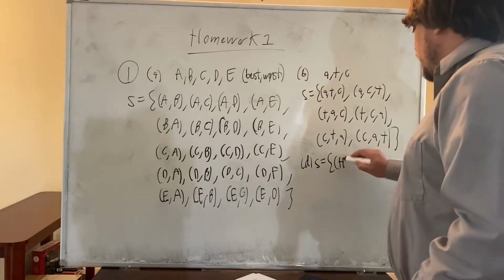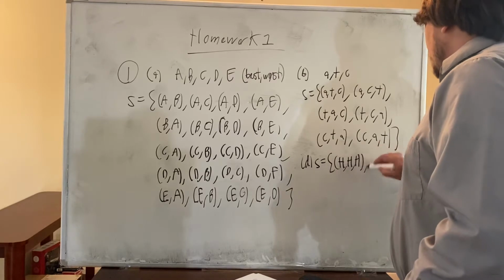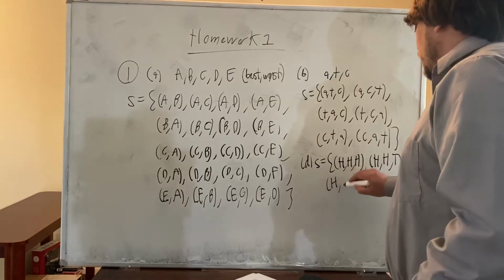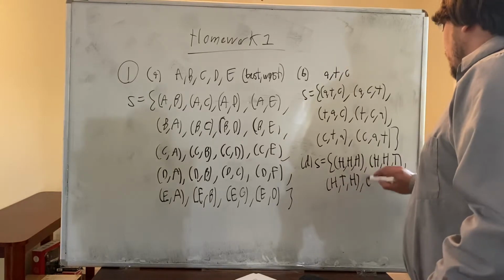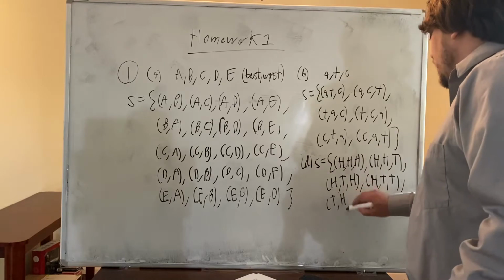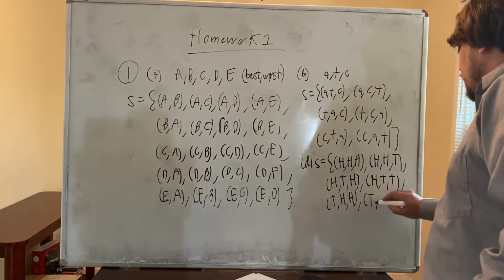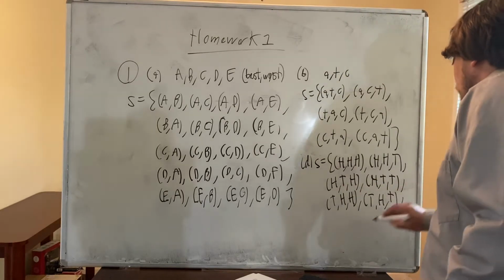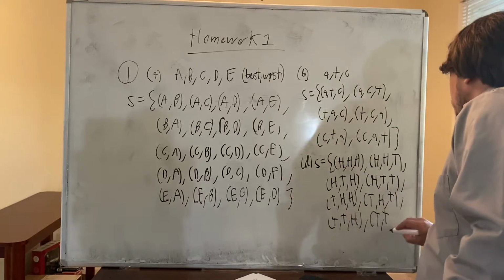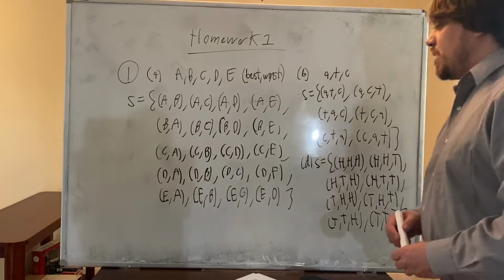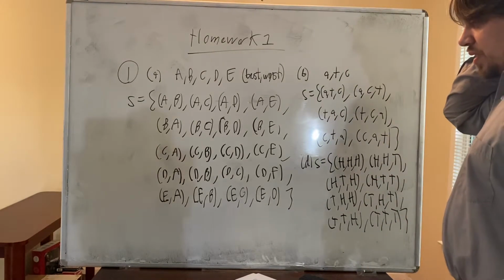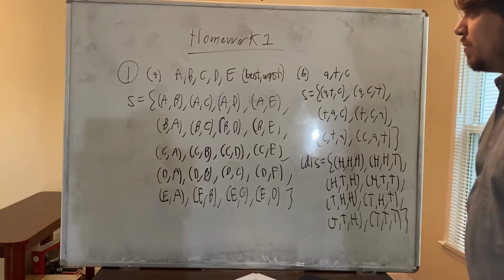Heads, heads, heads; heads, heads, tails; heads, tails, heads; heads, tails, tails; tails, heads, heads; tails, heads, tails; tails, tails, heads; and tails, tails, tails. And that's the sample space for part D. Okay, and so these are A, B, and D of number 1.